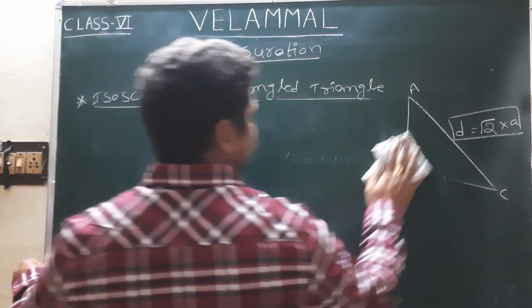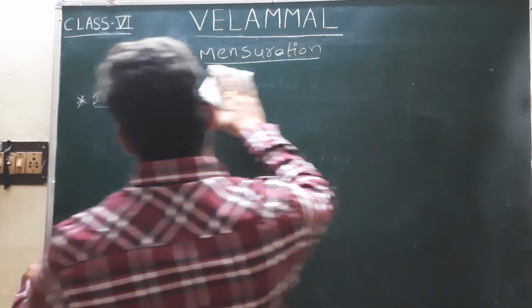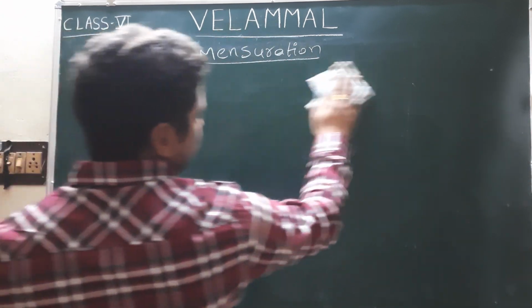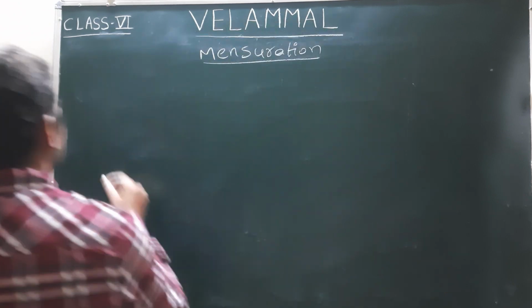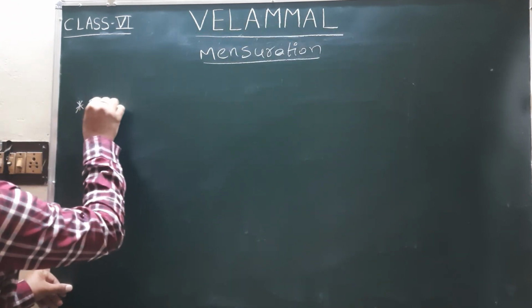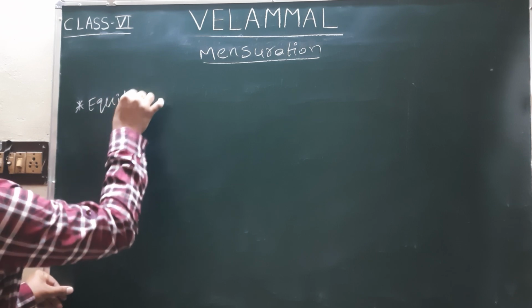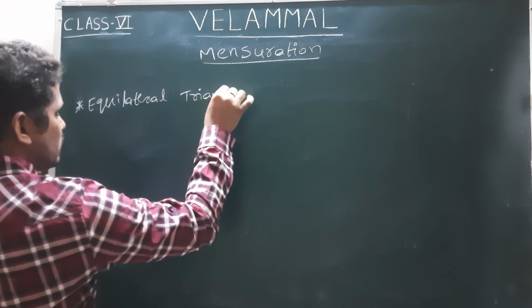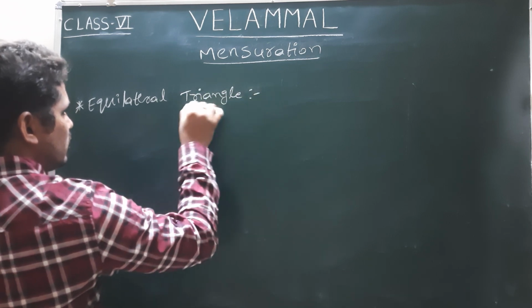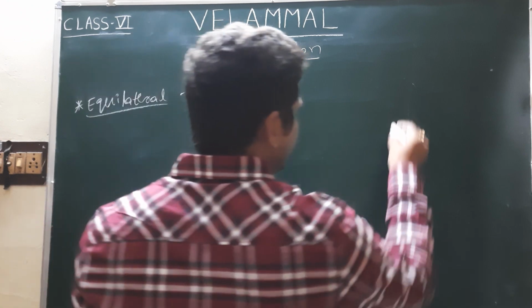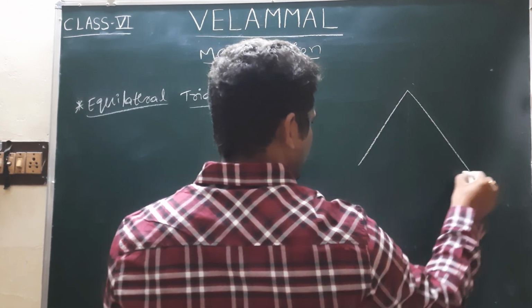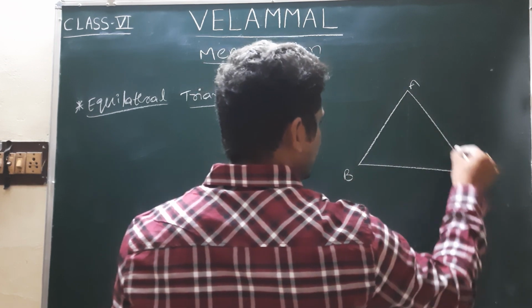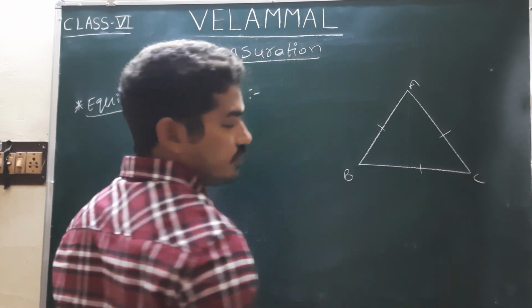Equilateral triangle. See, we are taking A, B, C. This is the equilateral triangle we are saying.